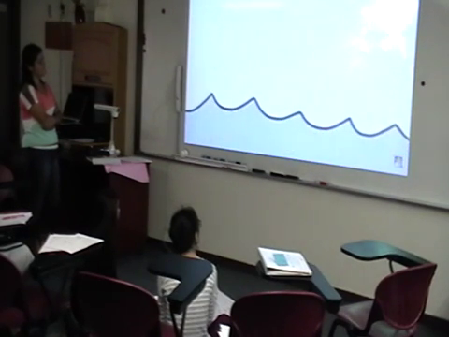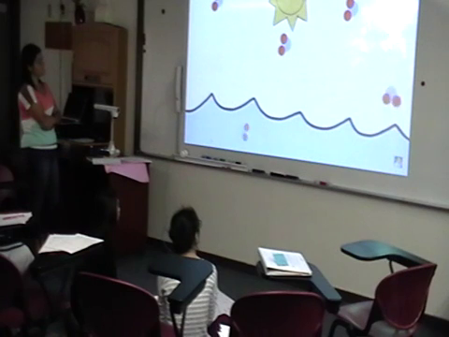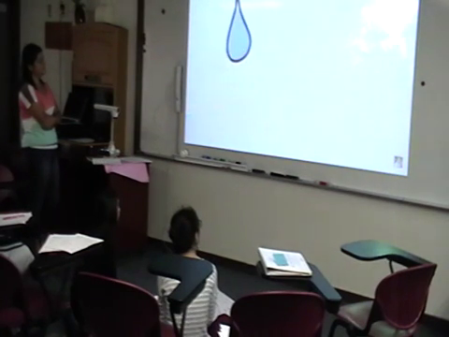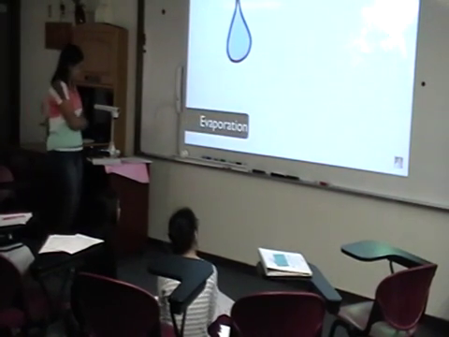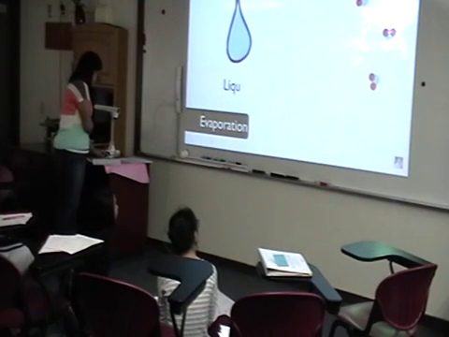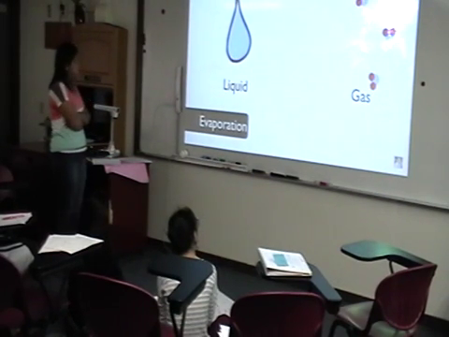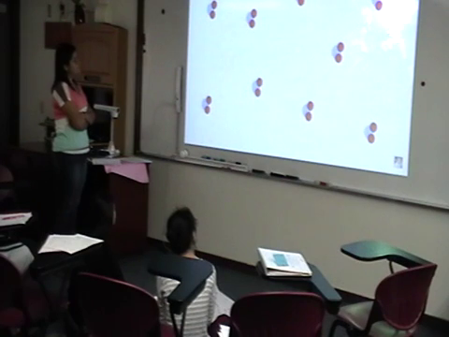About 97% of Earth's water can be found in the oceans. Every day, heat energy from the sun evaporates water from the ocean. Evaporation is when water changes from a liquid into a gas. The liquid becomes water vapor.